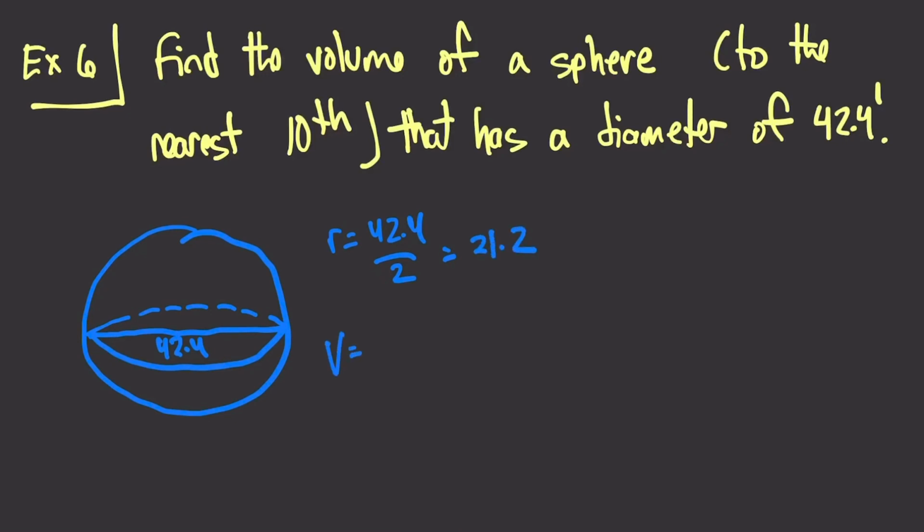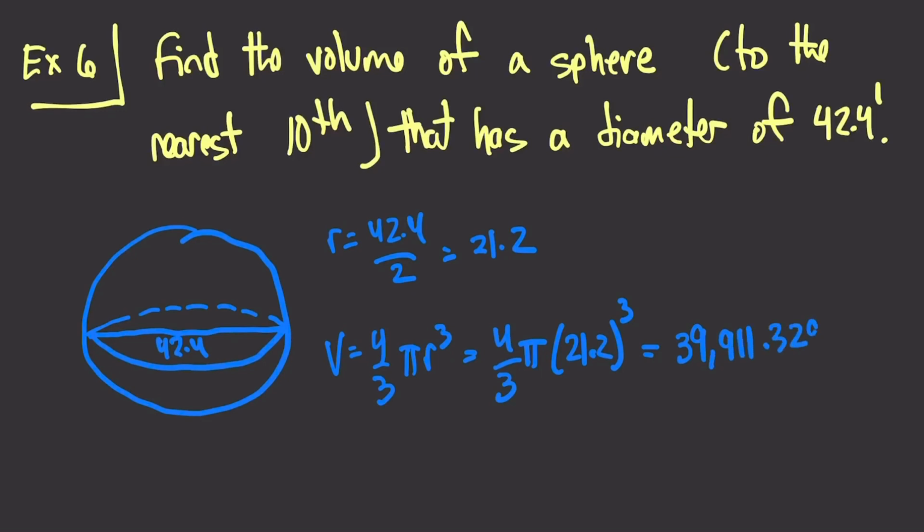Now I can use my volume formula, which is 4/3 pi r cubed, and we're going to put in that 21.2 for the radius. So 4/3 pi times 21.2 cubed. Throw that into the calculator, and it's a big number. I got 39,911.329... Rounding that to the nearest tenth is going to be 39,911.3, and we're talking feet, so it's going to be cubic feet.